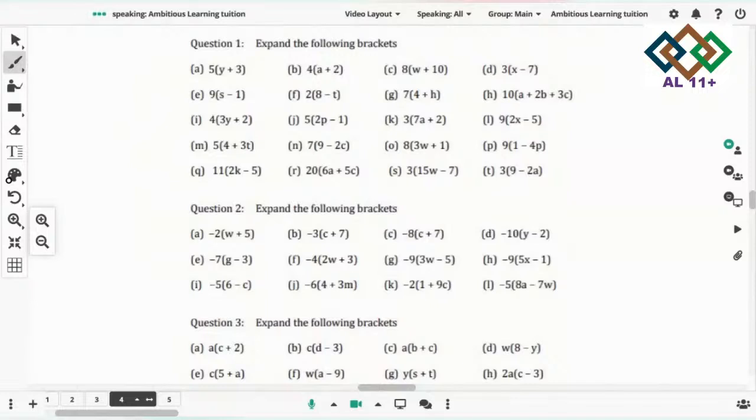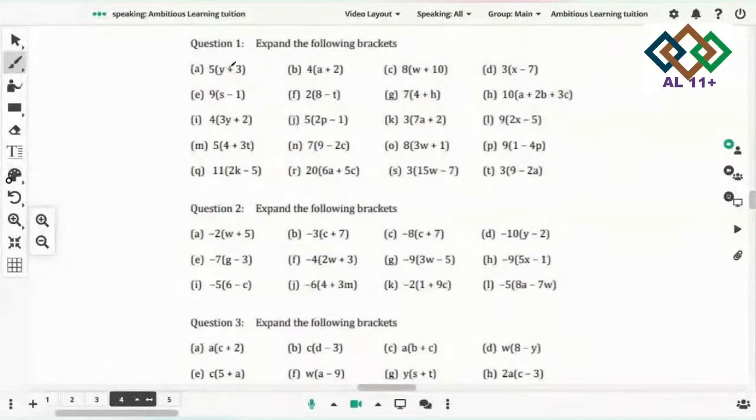So you have 5 and you have brackets now. Y minus 3. So basically when you have something in the brackets, you just multiply it. So you're multiplying to open your brackets. When you open your brackets, you have to multiply to give your answers. So you have 5 times y plus 3.